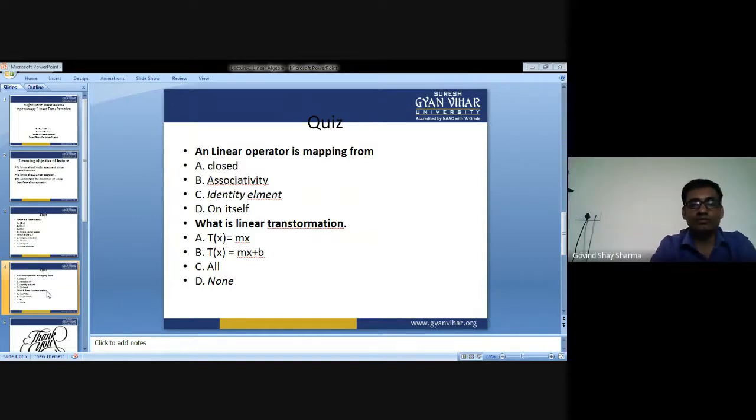So students, I hope the vector space is clear in your mind. You make an image of the vector space, which type of sets, which type of algebraic structure we can call a vector space, and what is the field. So now we will continue with this topic in further lectures. We will discuss the subspace.